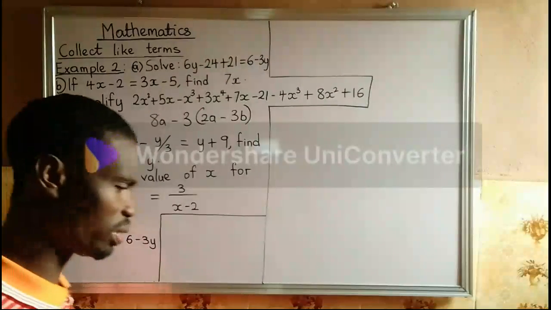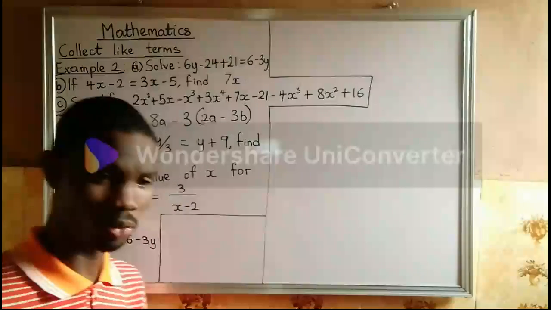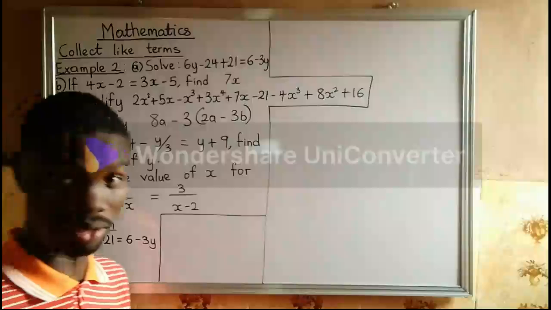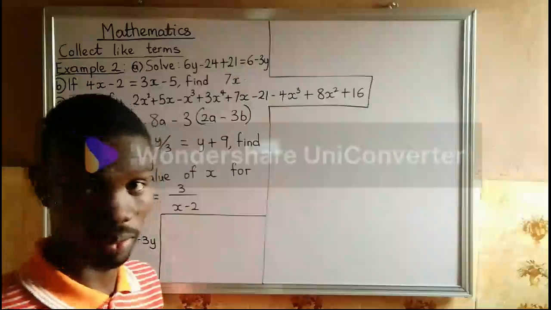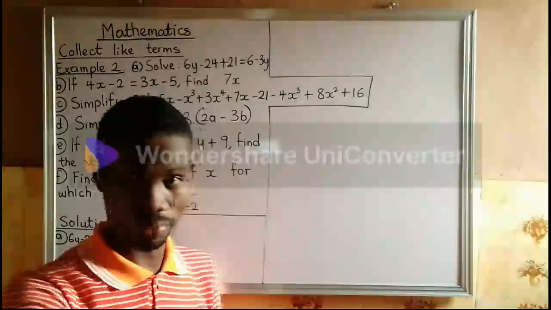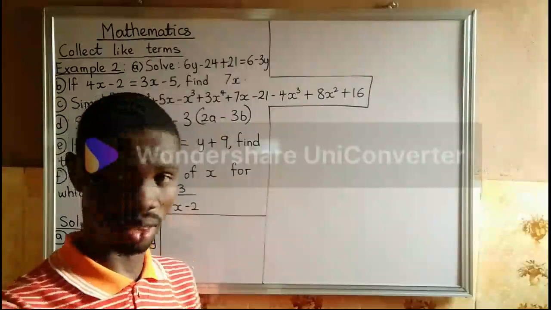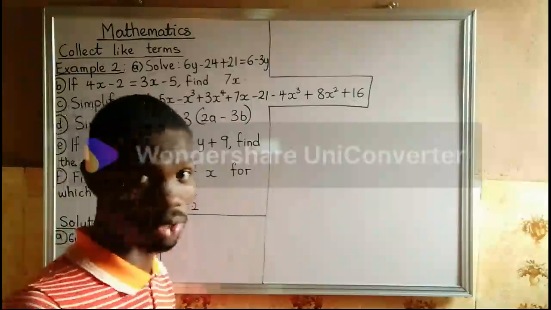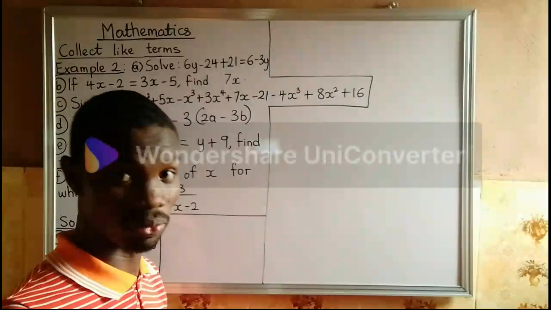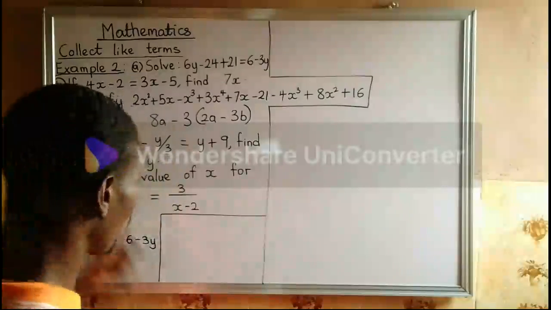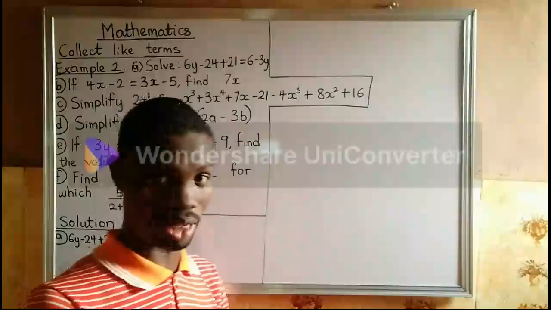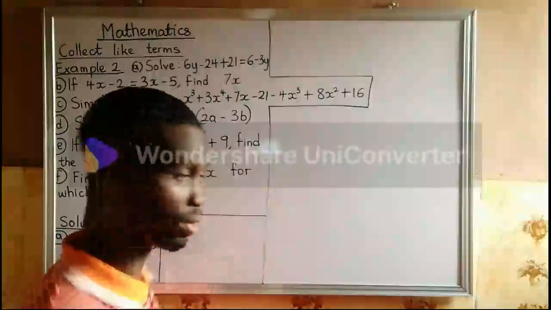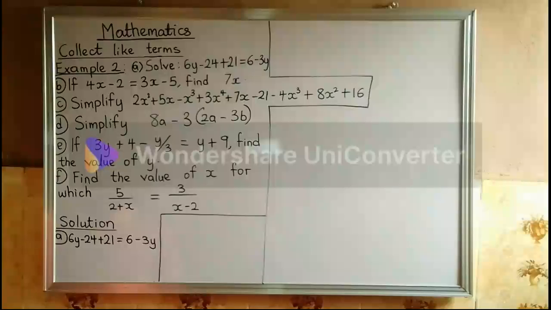I mentioned in the last lesson that dividing both sides by something usually precedes the final answer. But before you get to the stage where you have to divide both sides by something, this comes first. So you collect like terms most times, then you divide both sides by something, then you get your final answer.